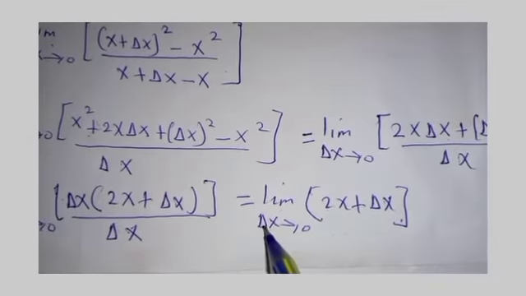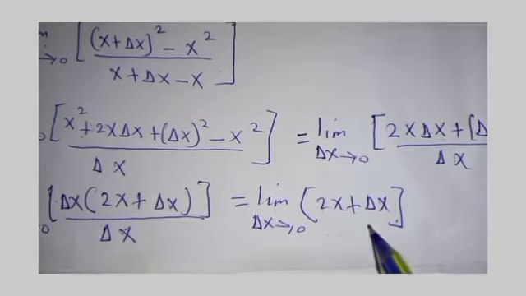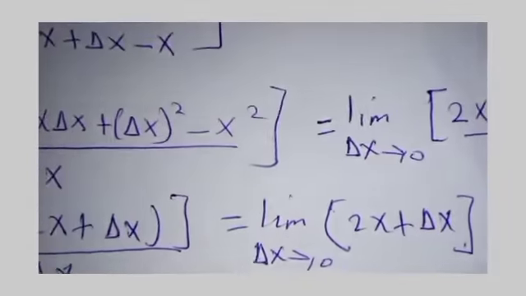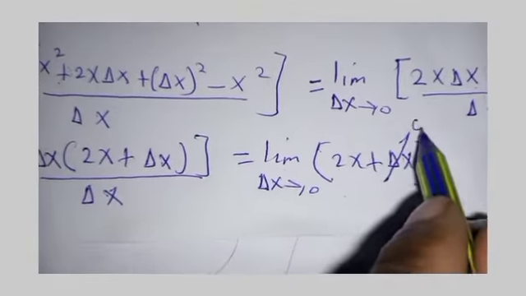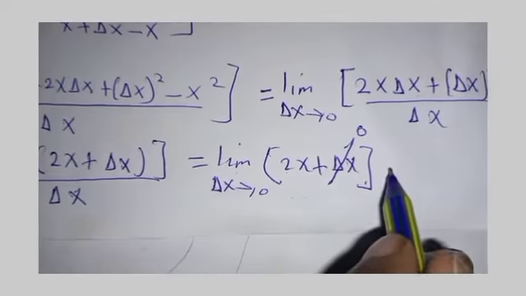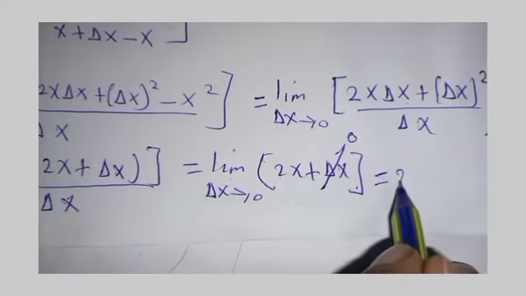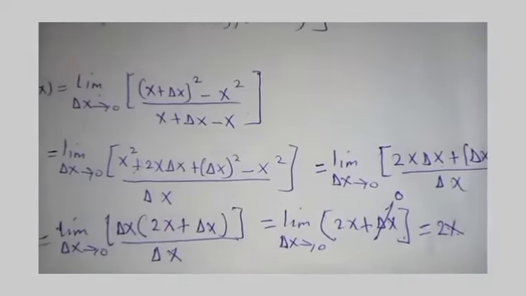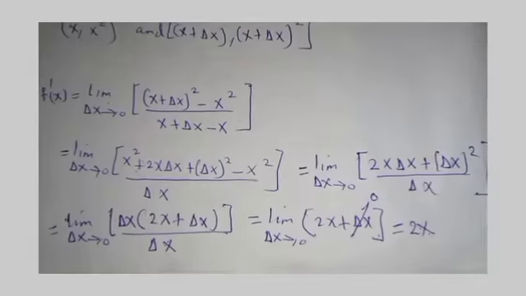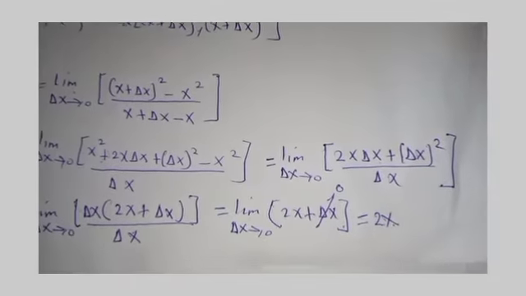So as change in x tends to 0, this part will go to 0, and we are left with 2x.